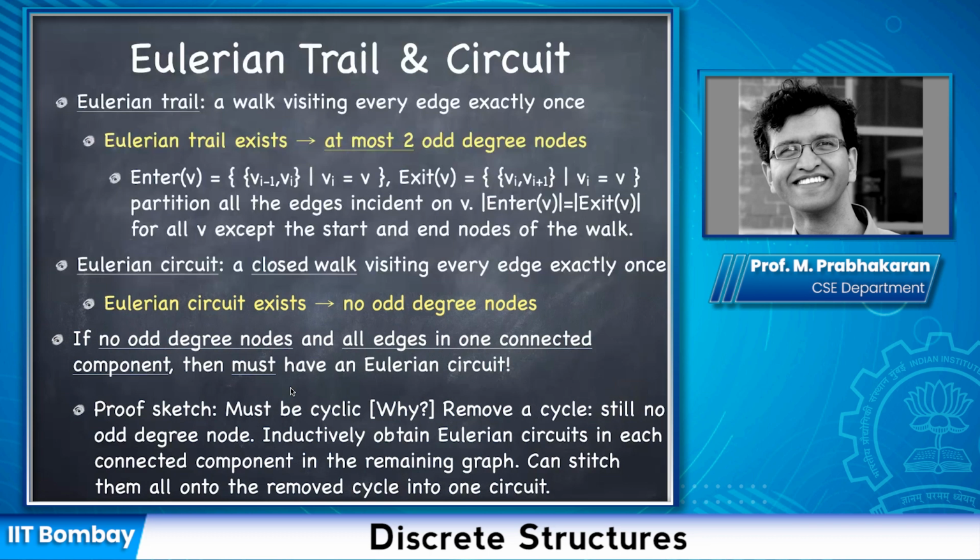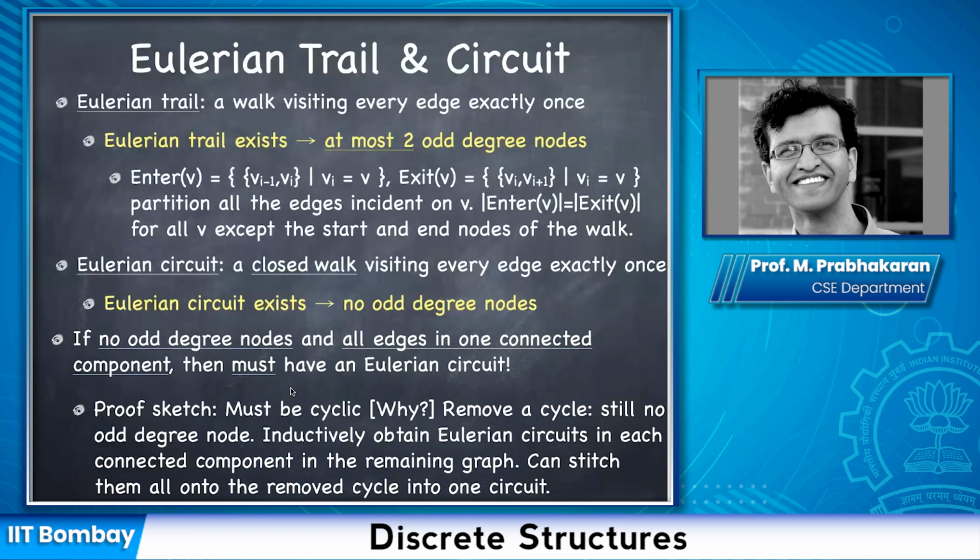And the claim is that you will not get stuck until you have repeated a node. And the first time you repeat a node, the part of the walk from the time you encountered that node for the first time to the second time gives you a cycle.